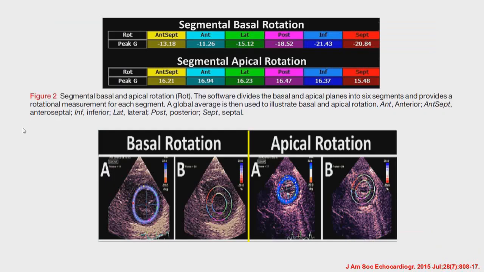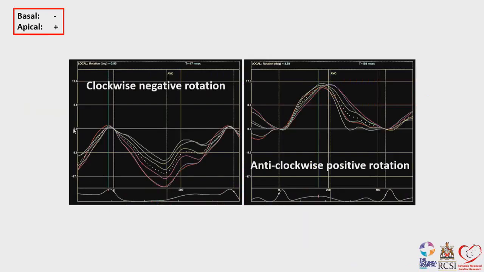So what speckle tracking echo actually does is divide the left ventricle into 6 segments that are denoted in different colours. And at both the base and the apex, it will determine the degree of rotation in each of those 6 segments. So you can see the colours here. And then it plots the base as a negative deflection, and each of the 6 segments is represented by a particular colour.